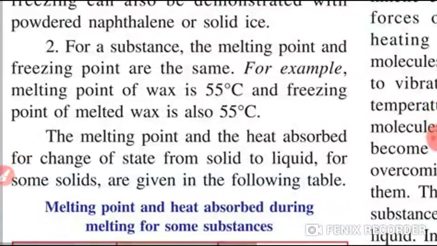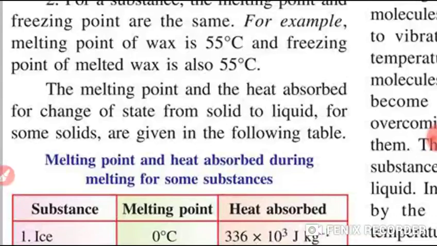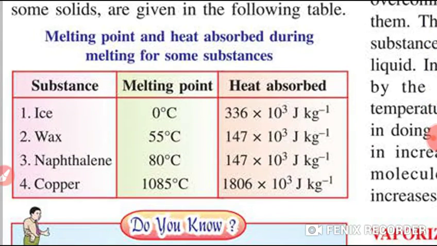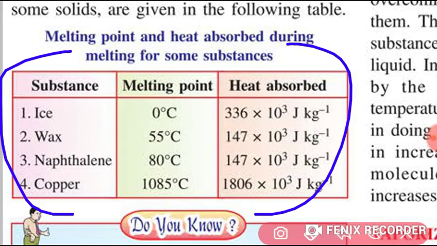For example, the melting point of wax is 55 degrees Celsius and the freezing point of melted wax is also 55 degrees Celsius. Students, here are some substances, their melting point and heat absorbed is given. Just have a look at it, and you have to learn them also.